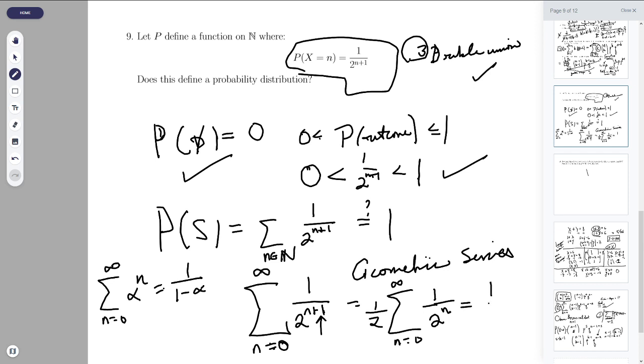So we say this is 1/2 times 1 over 1 minus 1/2. In this case, 1 minus 1/2 is 1/2. 1 over 1/2 is 2.